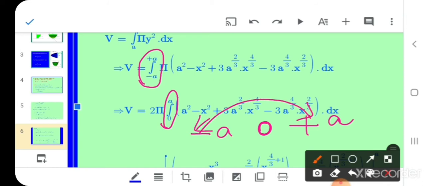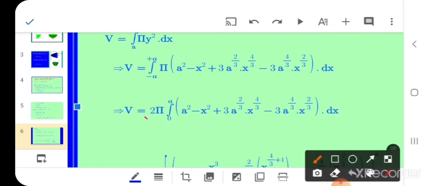Instead of finding minus a to plus a, I will find only from 0 to a, which means half. First I find only the half volume, then I double it. Doubling means I put 2 in front. Okay, is it clear? By taking limits from 0 to a, which is half, I double that volume and we get the full volume.